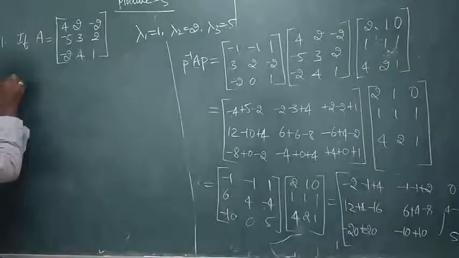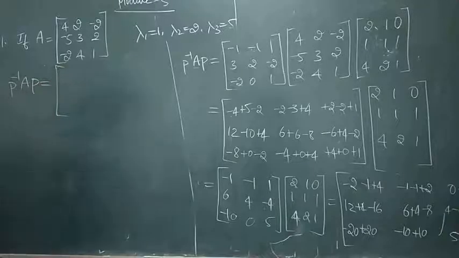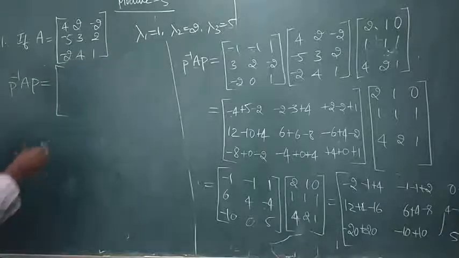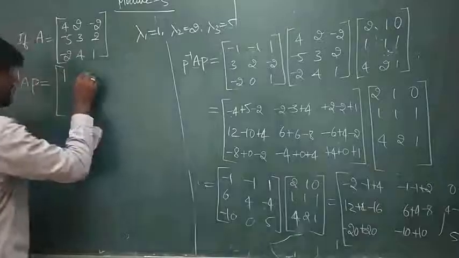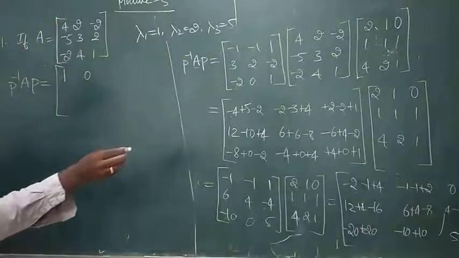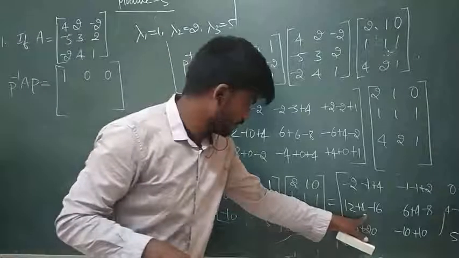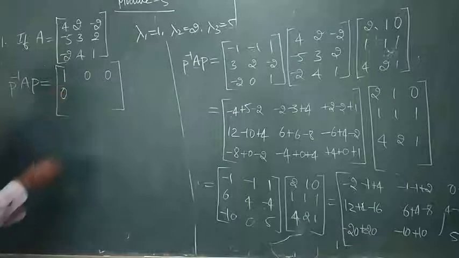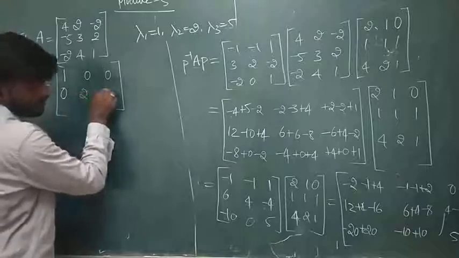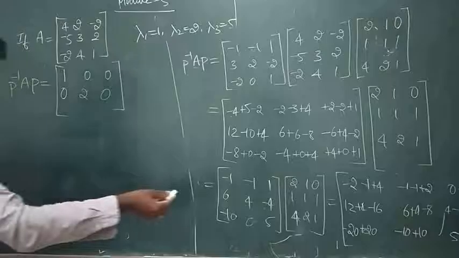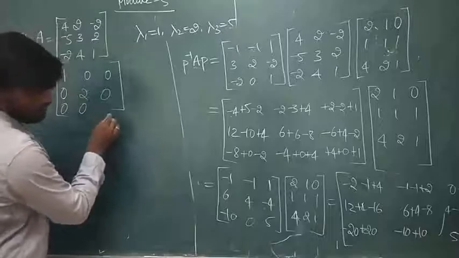The P inverse A P is equal to 2 minus 1 minus 3 plus 4, and that gives 1, and minus 1 plus 2 gives 0, and 0 minus 1 plus 1 gives 0, and 12 plus 4, 16 minus 16 gives 0, and 6 plus 4, 10 minus 8 gives 2, and this 4 minus 2 is 0, and minus 20 minus 20 plus 20 is 0, and minus 10 plus 10 is 0, and finally we get 5.